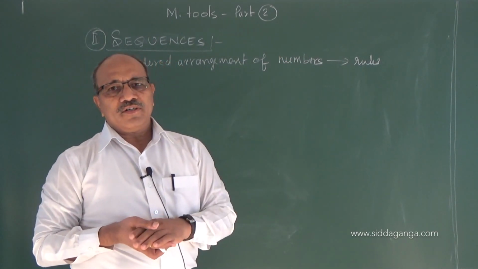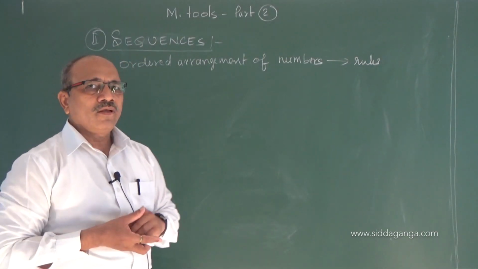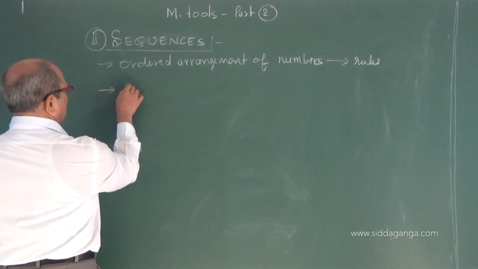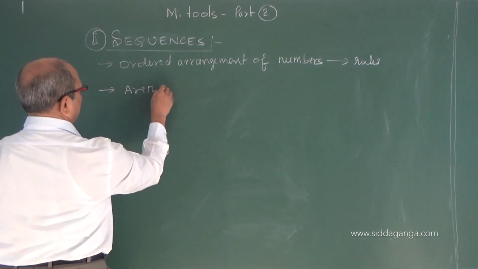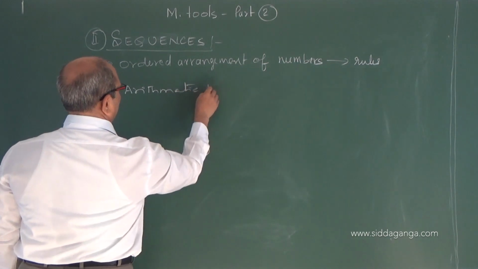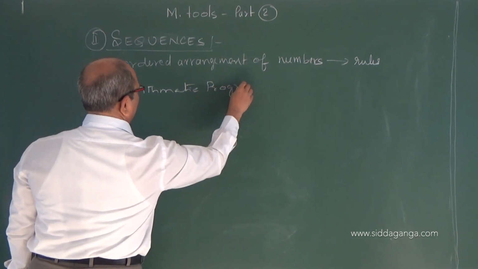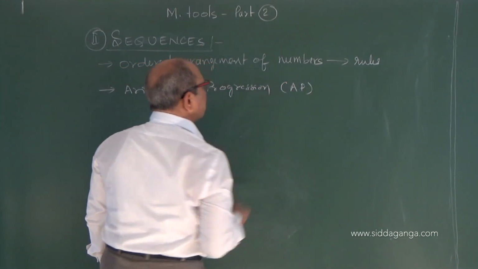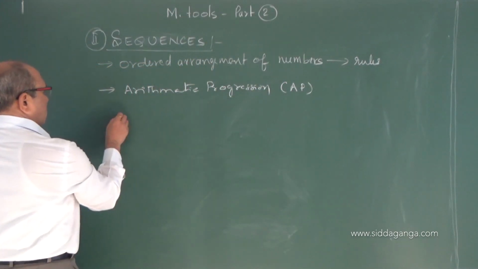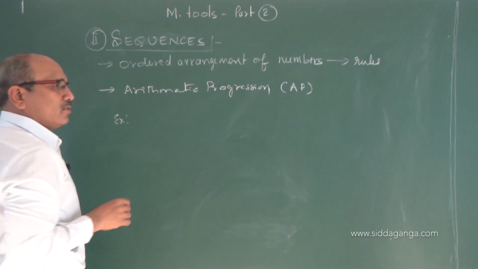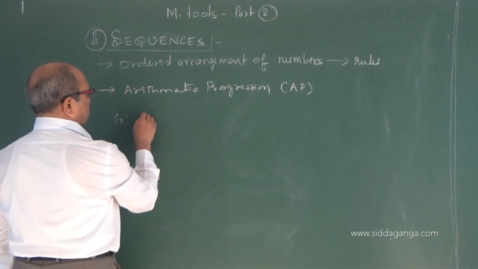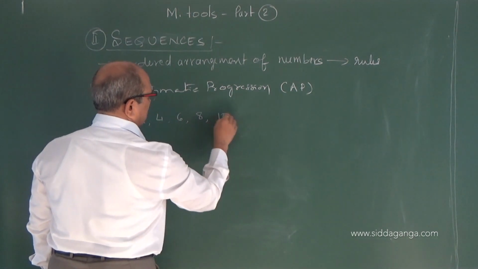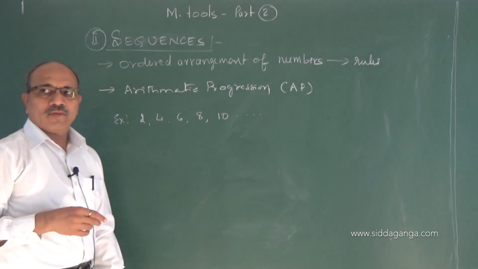And most important is the geometric progression. Apart from this, one we are using here is the arithmetic progression, generally called AP. If I take an example, I am writing the numbers 2, 4, 6, 8, 10 and so on.